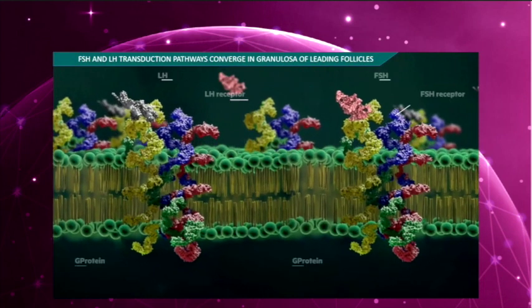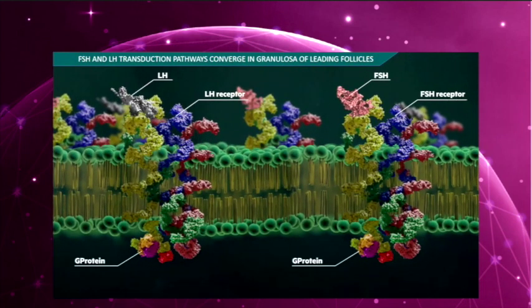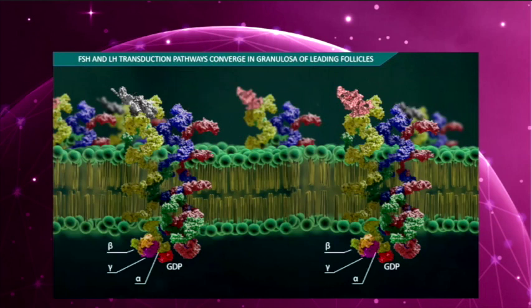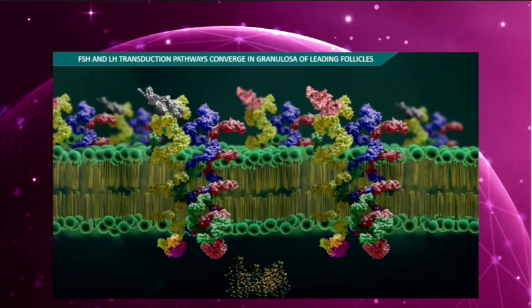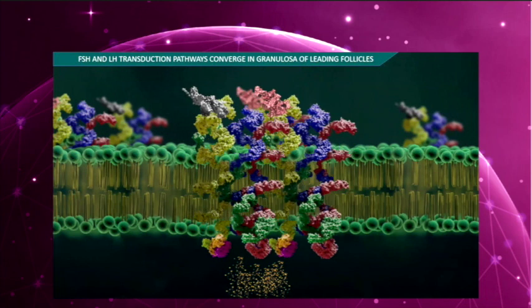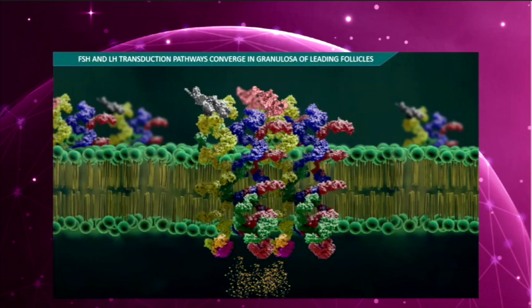So these are FSH and LH receptors in granulosa cells, different receptors, different gonadotropins, but they converge in similar transduction pathways, and you can even have dimerization of the receptors. This is very important because the cooperation of the two gonadotropins is crucial in our clinical practice.